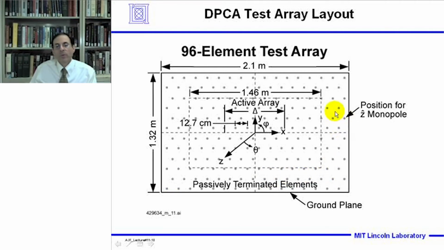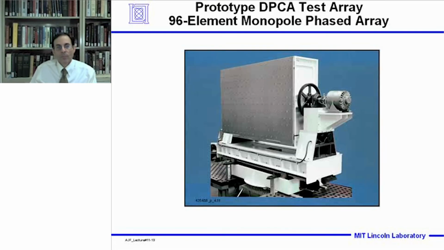And the dots represent the locations of the monopole elements. This shows a photograph of the prototype DPCA test array built at Lincoln Laboratory. So it has 96 elements as part of the DPCA phase centers, and there are two rows of passively terminated elements surrounding the DPCA array.